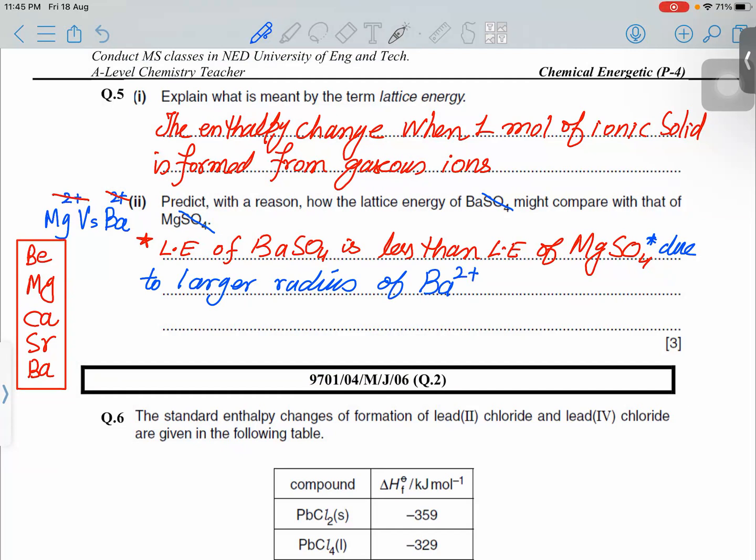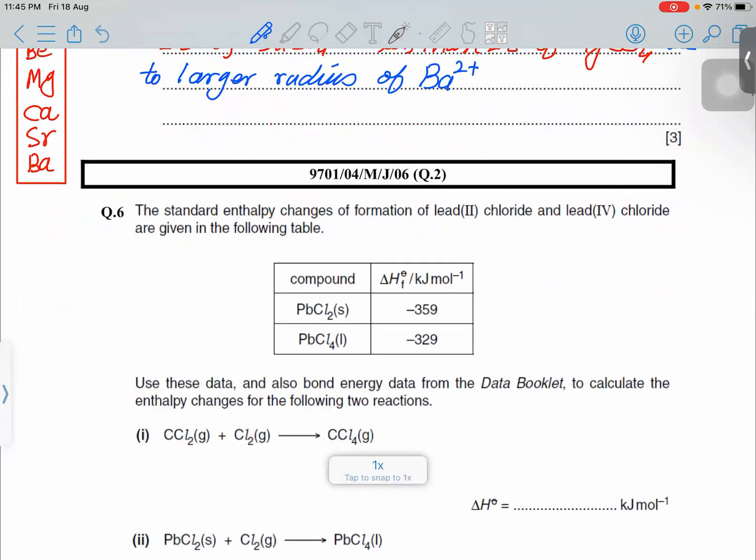Are you getting this point or not? Yes, sir, I'm getting it.